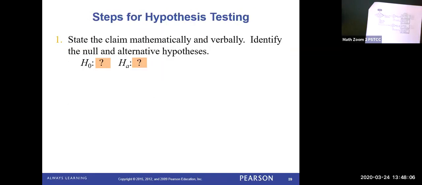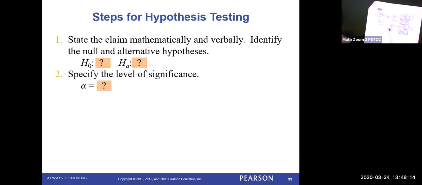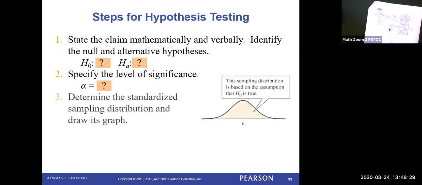So let's run down all of the steps involved with hypothesis testing. Step number 1 is we'll state the claim and write the null hypothesis and alternative hypothesis. Specify the significance level alpha, and this will always be given to you in the problem. Determine which type of distribution to use.